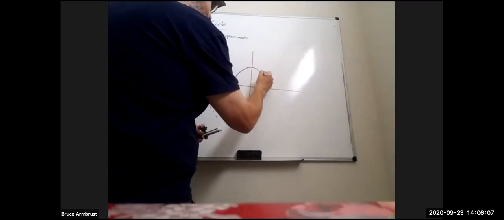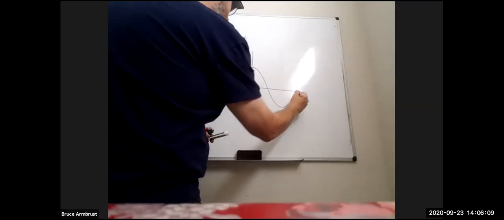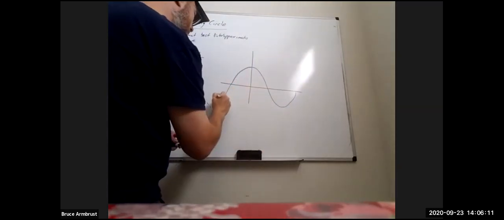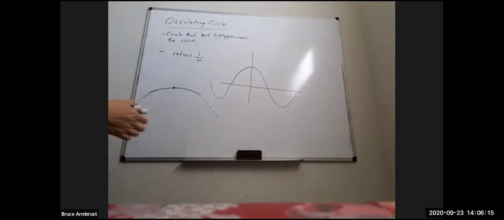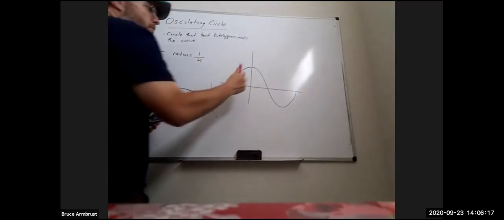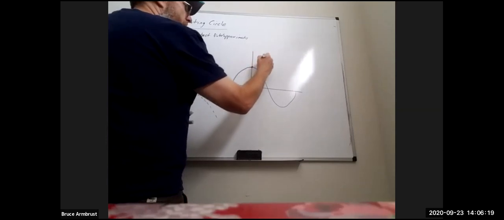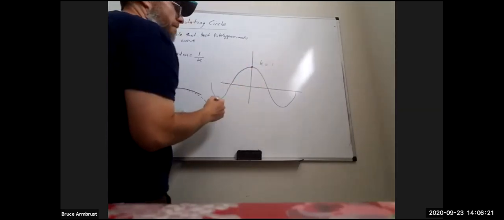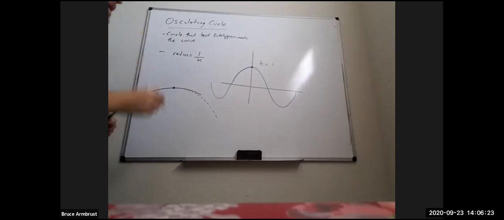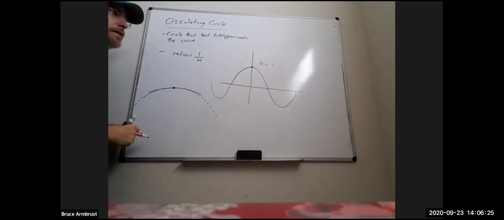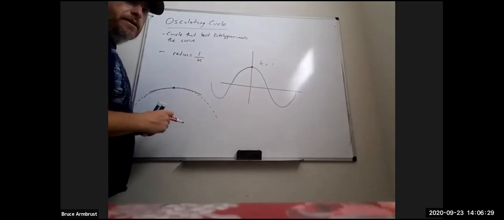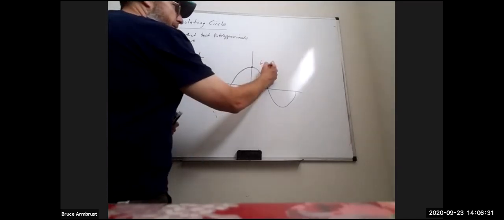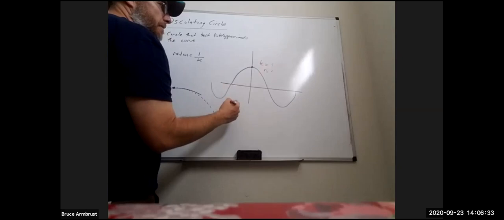Okay, so there's my graph of cosine. So we saw that the curvature was 1 when we were out here, right? So K equals 1. So that means that the best fit circle here is going to have radius 1 over that. So the radius is going to equal 1.